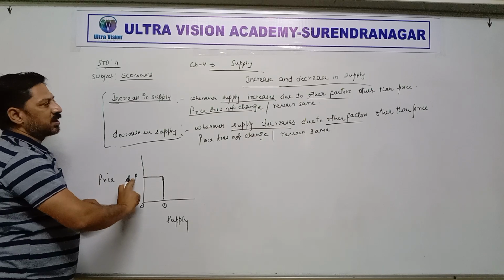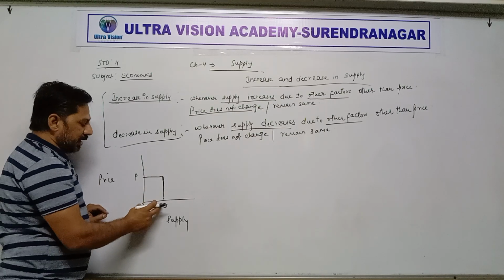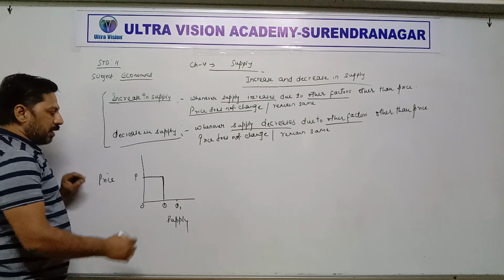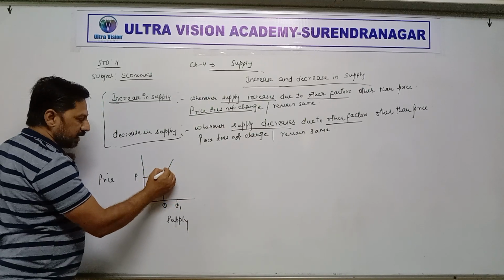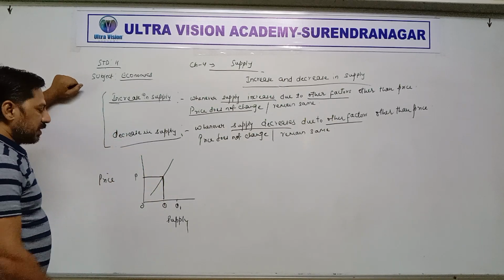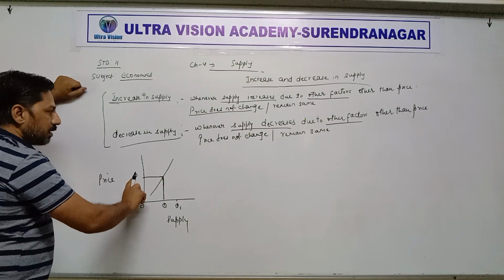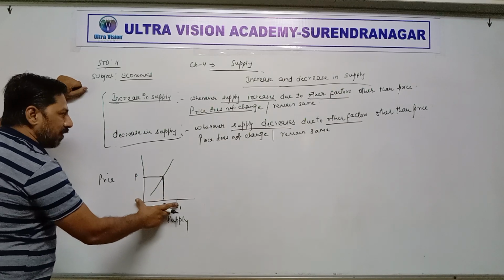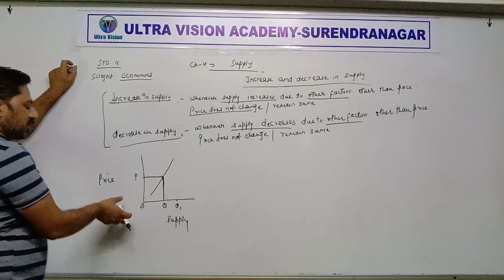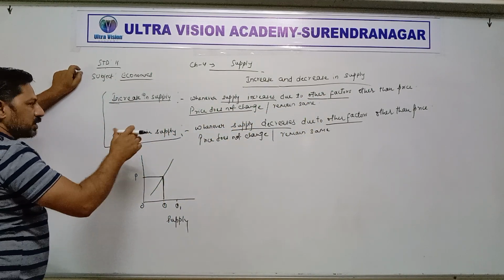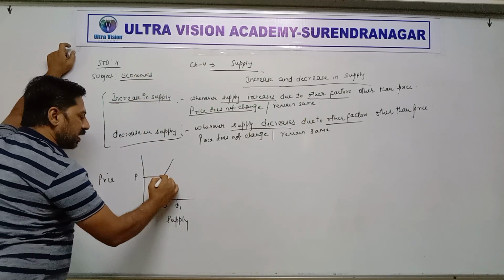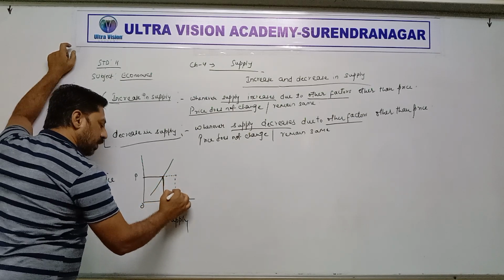But due to some other factor, supply increases from OQ to OQ1. Earlier our supply curve is like this. But now, when price remains same, supply still increases, due to other factors, not due to price. So join this price with Q1.